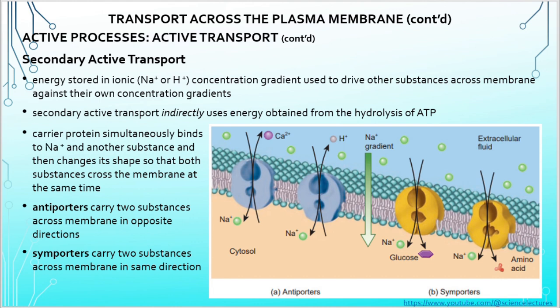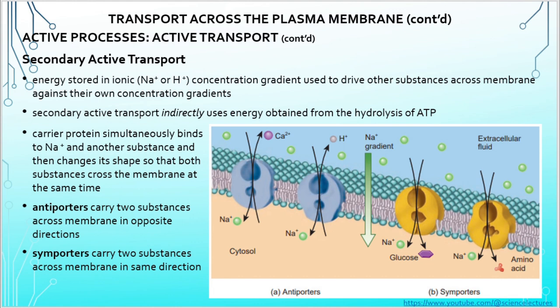In secondary active transport, a carrier protein simultaneously binds to a sodium ion and another substance and then changes its shape so that both substances cross the membrane at the same time. If these transporters move two substances in the same direction, they are called symporters. Antiporters, in contrast, move two substances in opposite directions across the membrane.